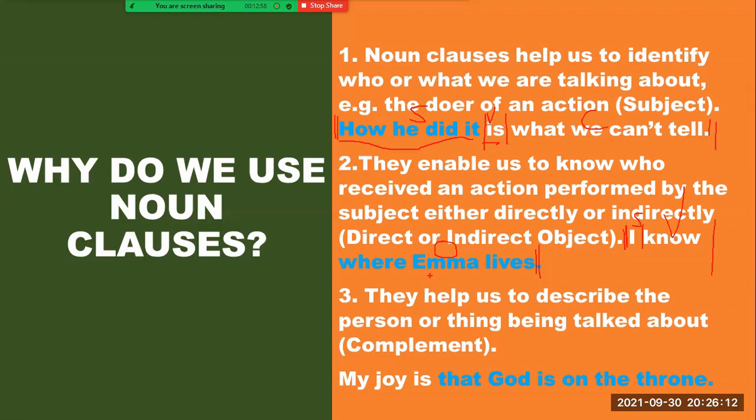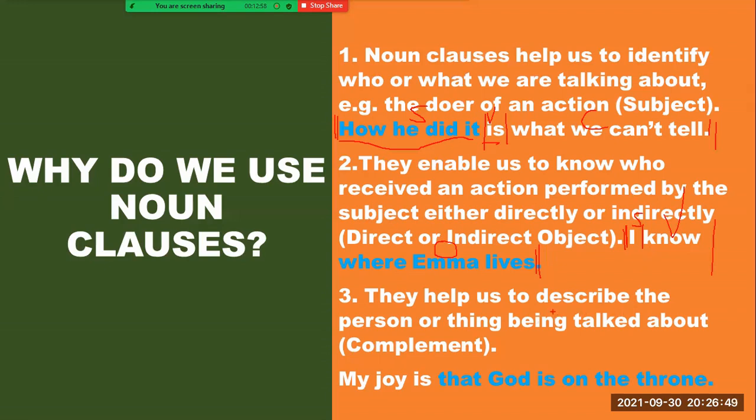The fact here is that this is occupying the object position. The object is the receiver of the action. So when we say I know, someone will ask you, I know what? What you know is what receives the action of knowing, and that is the object. I know where Emma lives.